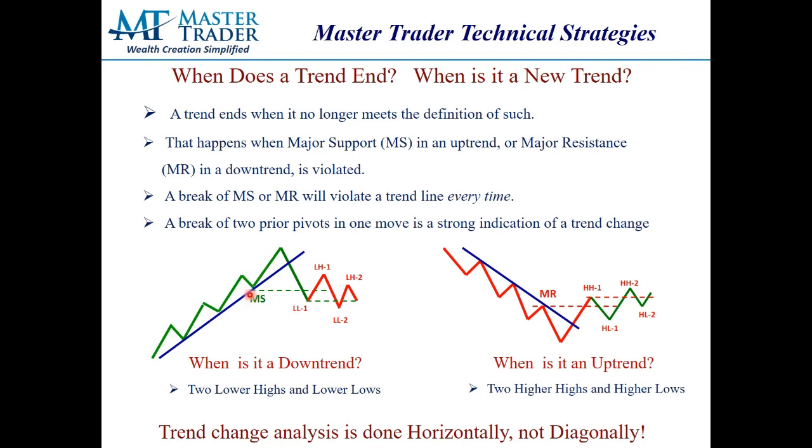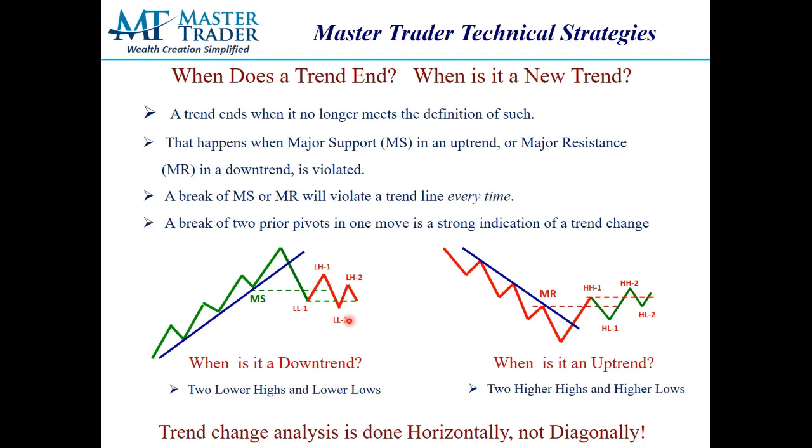In this case, when it breaks through major support, when does it become a downtrend? When there's two lower highs and lower lows. So at this point, we would say it's now in a sideways trend. It could certainly go into a downtrend, but we don't have lower highs and lower lows yet. Once we do, we say the trend is now down.